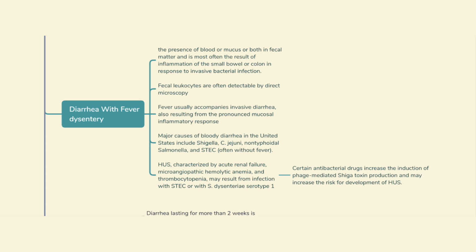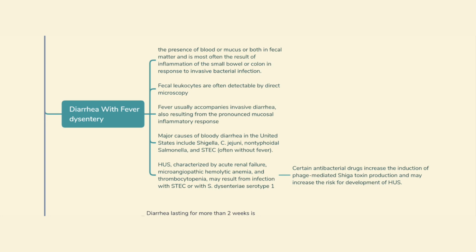Dysentery is diarrhea with inflammation, which leads to fever. And one of the main symptoms of inflammation in the bowel is when you will have blood or mucus in the stool. By direct macroscopy, we can find fecal leukocytes, which can also give us a small clinical hint that the infection we are dealing with is dysentery and not acute watery diarrhea.